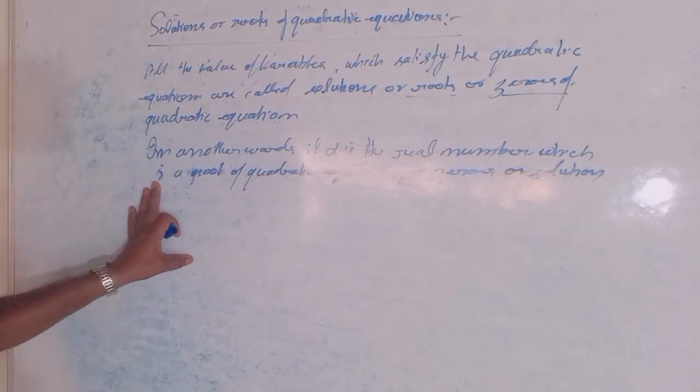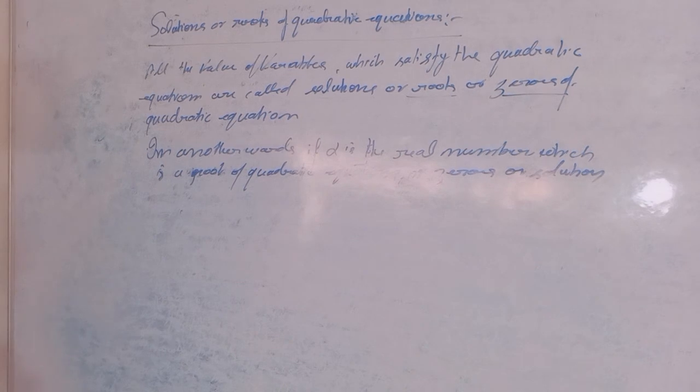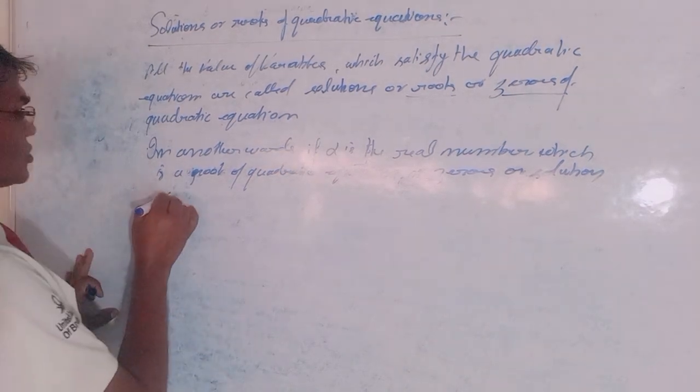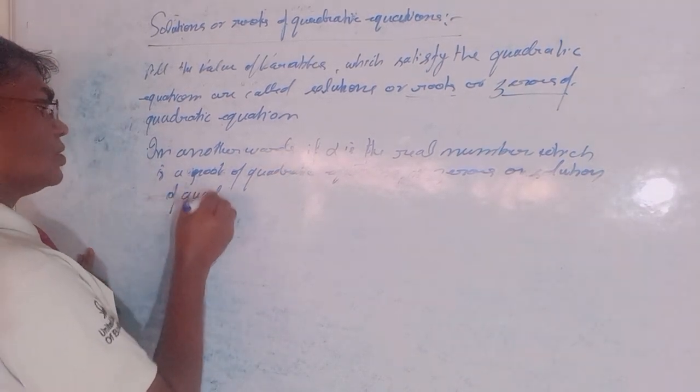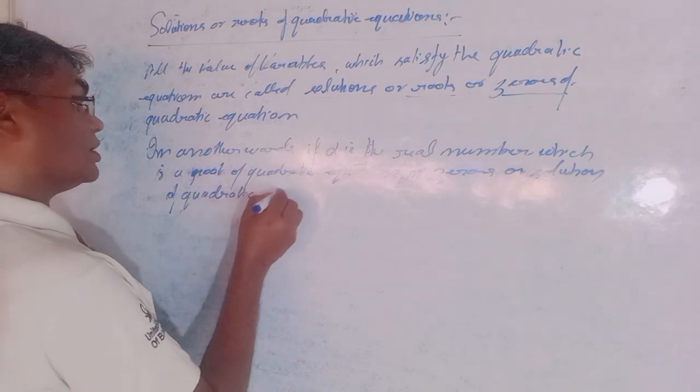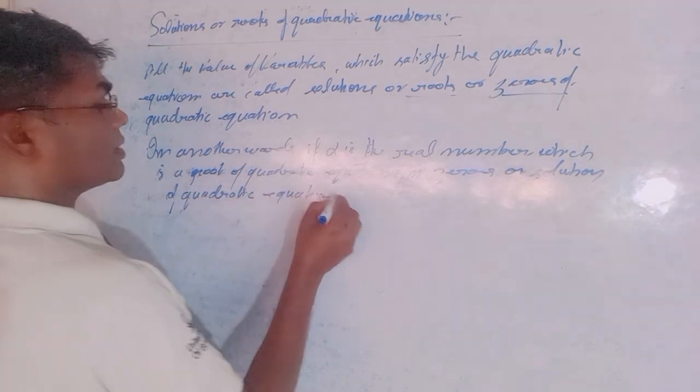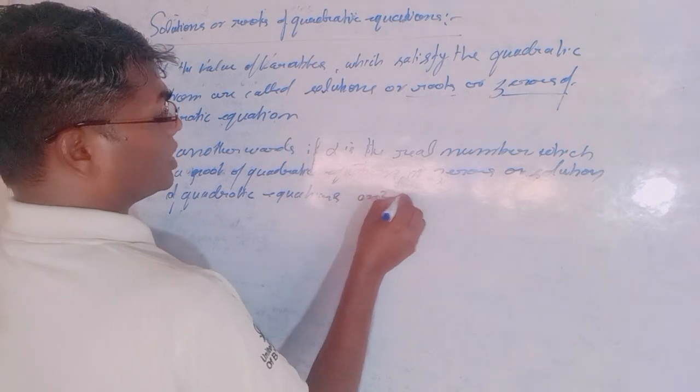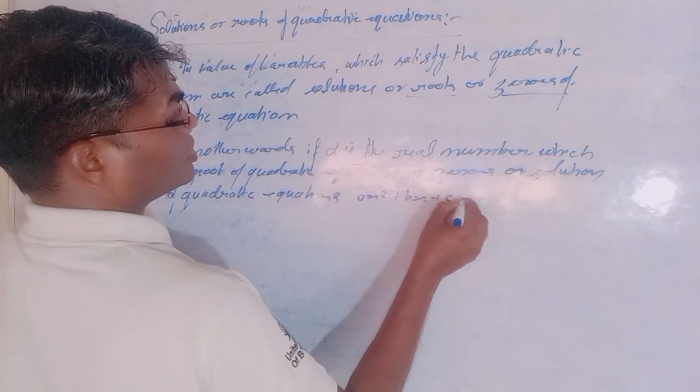Okay, zeros are solutions. So what will we write here? Our quadratic equation is ax square plus bx plus c is equal to 0.